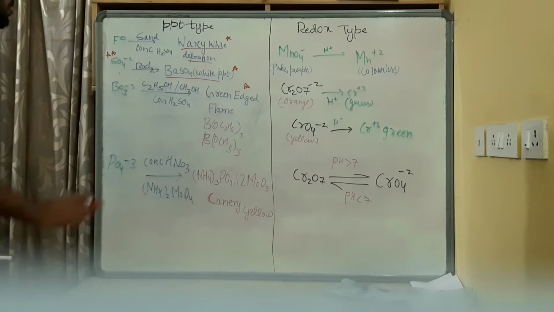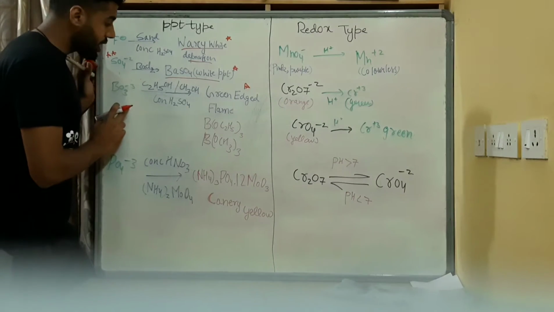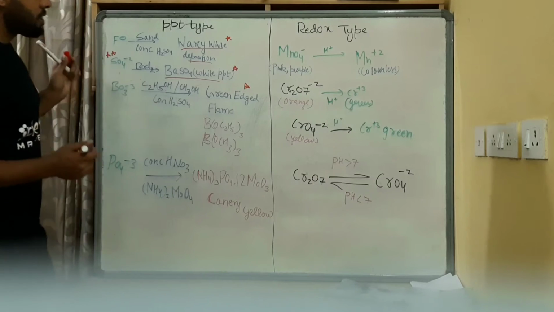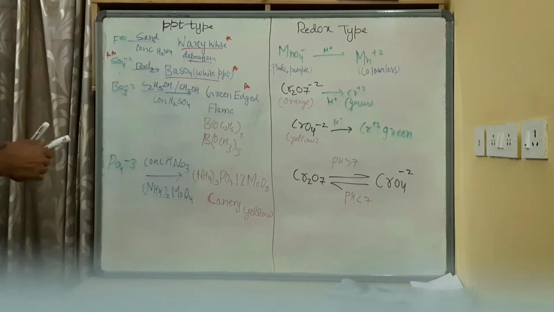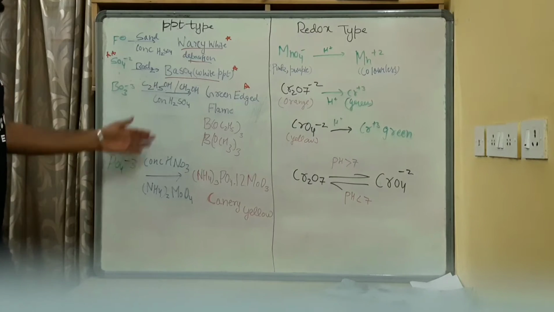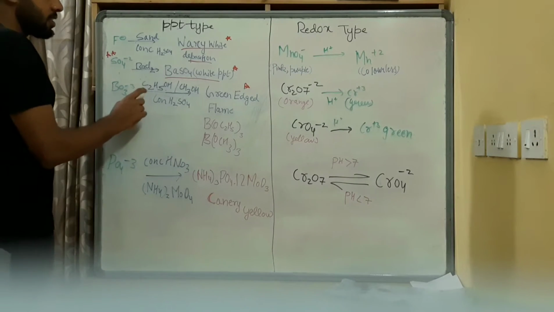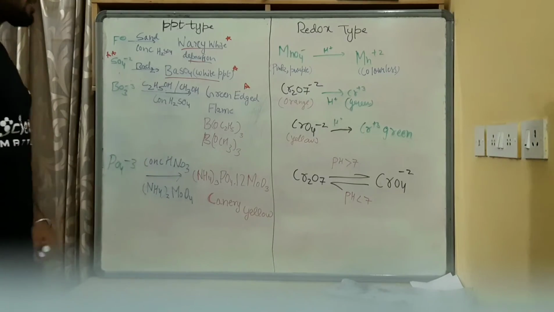Now if you look at the test of borate, what you do is you take the compound in your test tube and add concentrated H2SO4 to it, then add some ethanol or methanol, whatever you have.